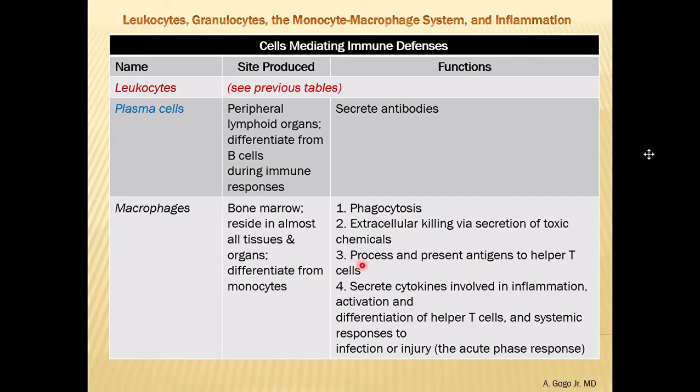So what the macrophage cannot kill or inactivate, it can help kill by processing the antigen and then presenting that to a helper T. Then it secretes cytokines involved in inflammation, activation and differentiation of helper T cells, and also in systemic response to infection.